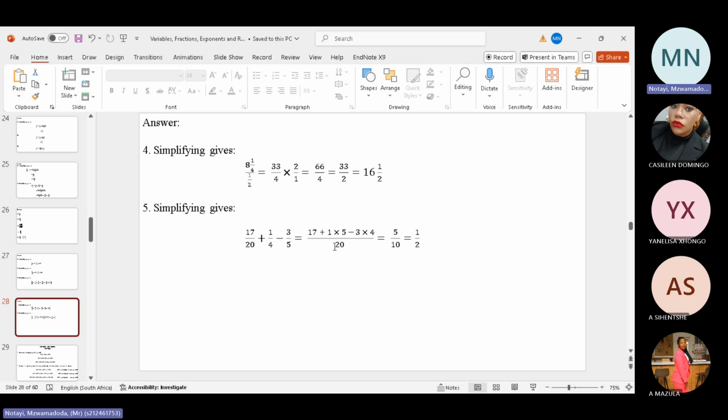Okay, and then 10 divided by 20 is the same as 5 over 10, which gives me half. Okay, so the final answer is 1 over 2 for the second one.